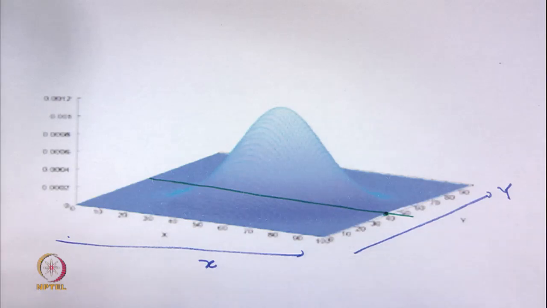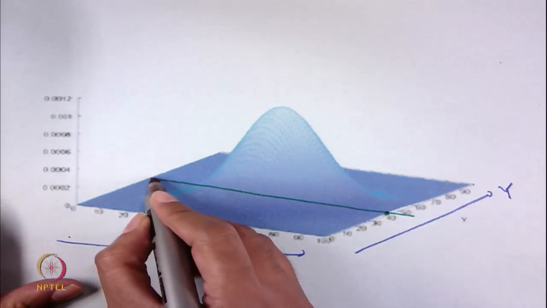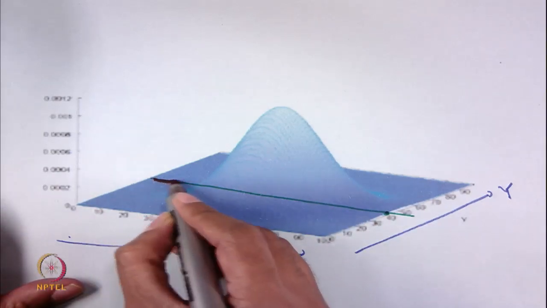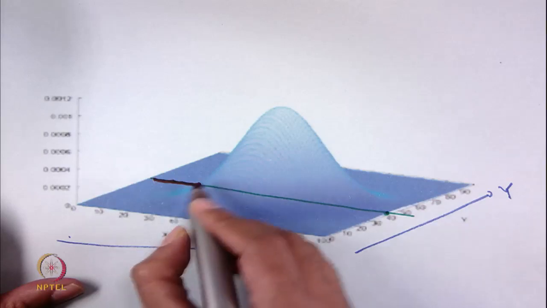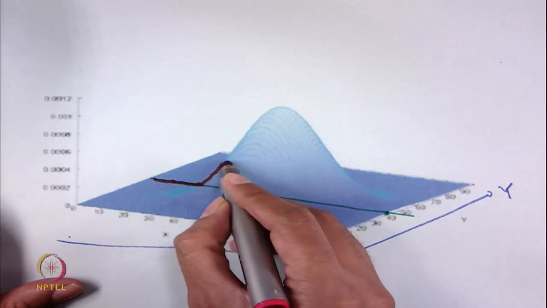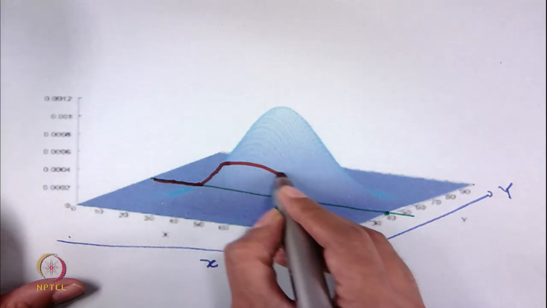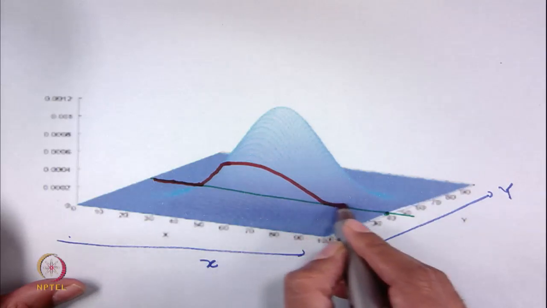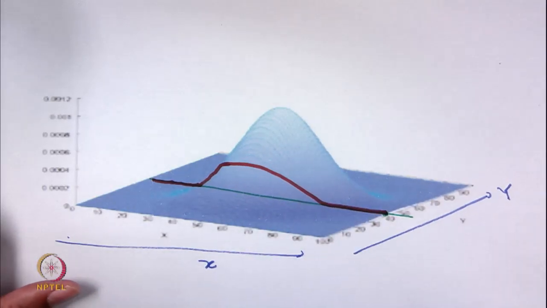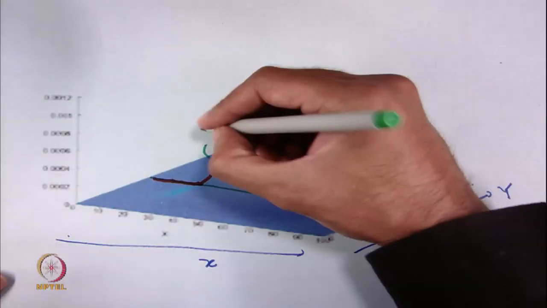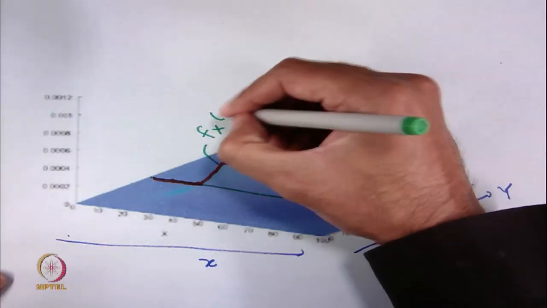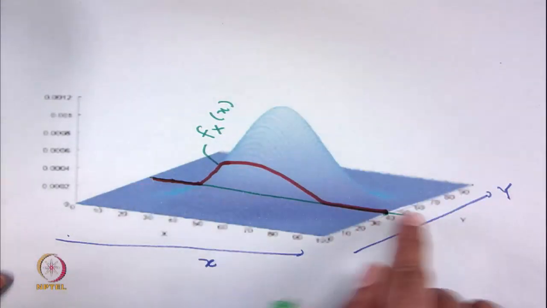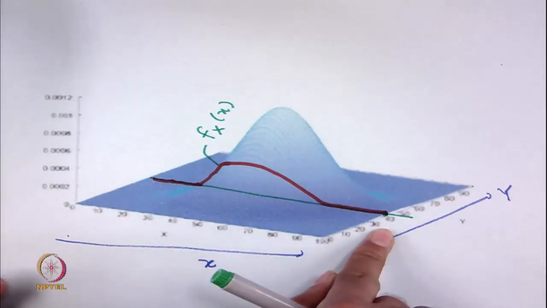If you look at this, when y takes this value and I find the probability density function, it might be something like this. So, this quantity, the red curve, is the probability density function of x. Now, it is not a function of y because y has taken a value.